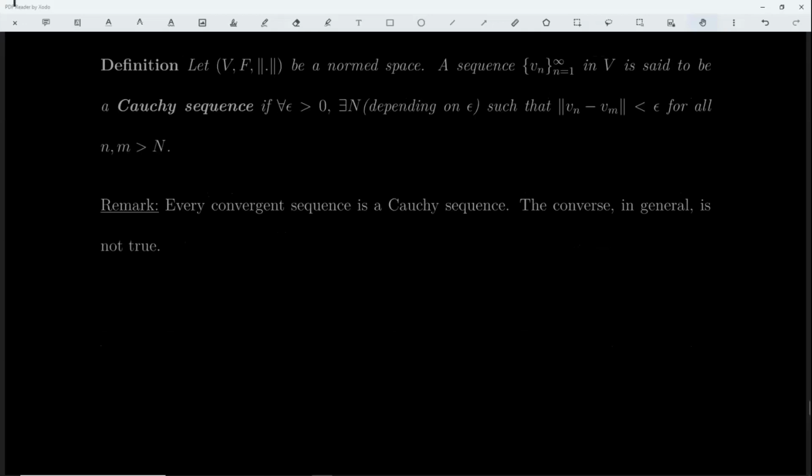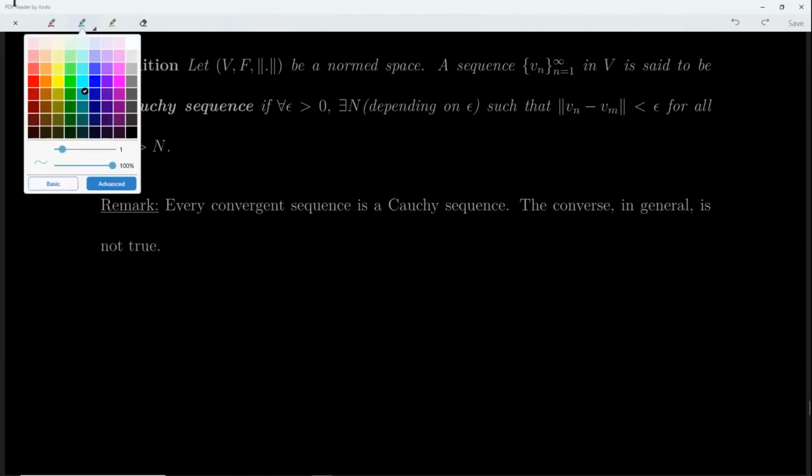Here is one remark that we will prove: every convergent sequence is a Cauchy sequence, but the converse in general is not true. So we'll try to prove that.